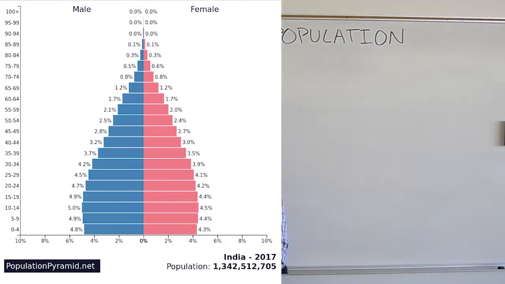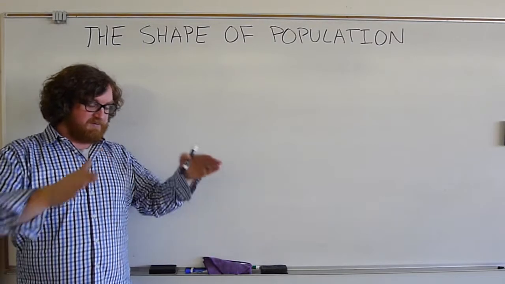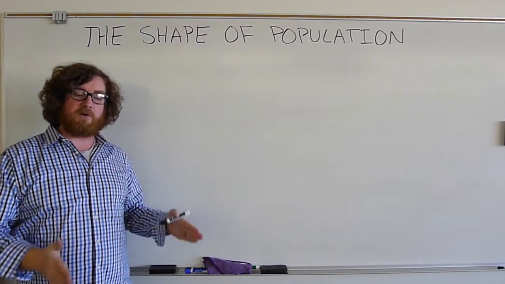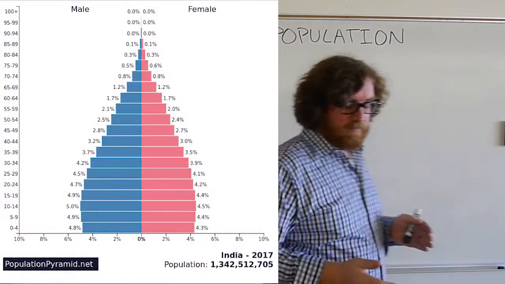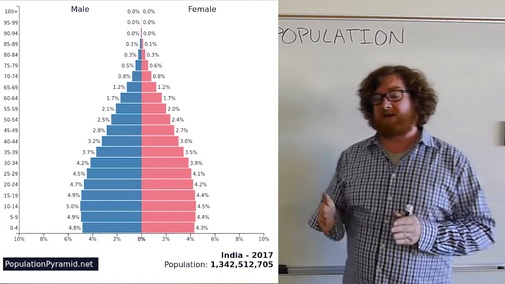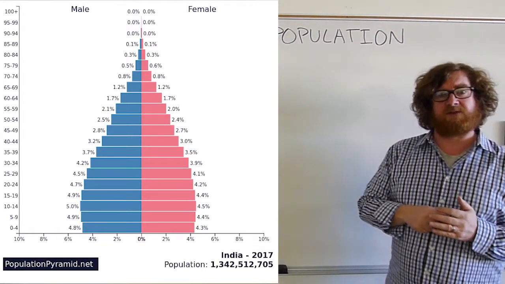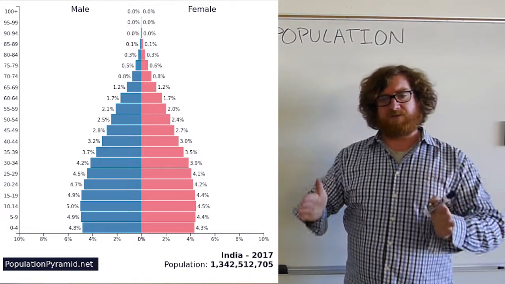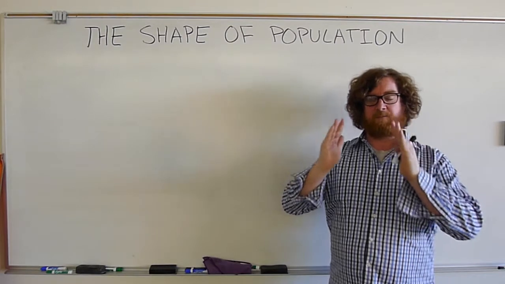So most people in India are young. So there's this massive bubble of young people working their way up. If we were to think about what this population diagram would look like in 50 years, it probably is going to look a lot more similar to the US or the Norway model, right? So more of a cylinder, less of this kind of looming pyramid.